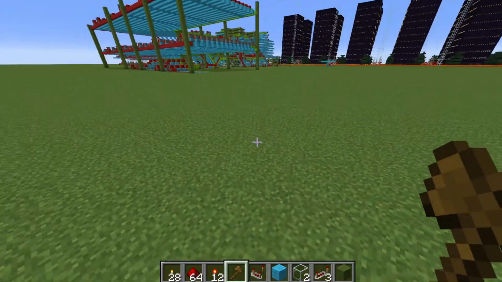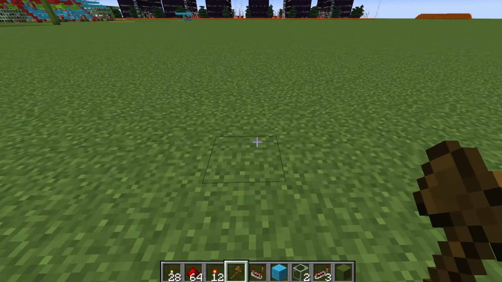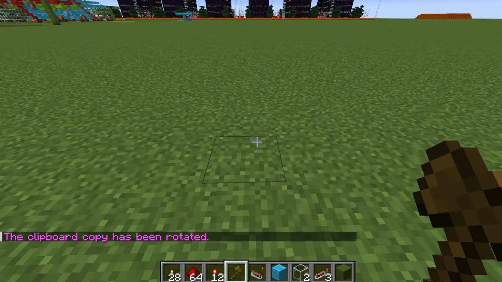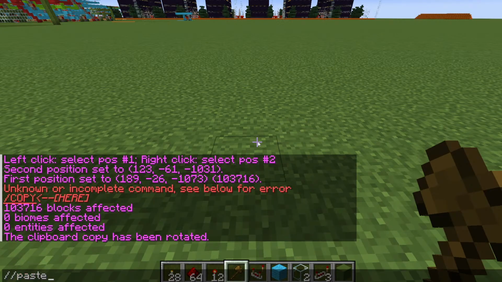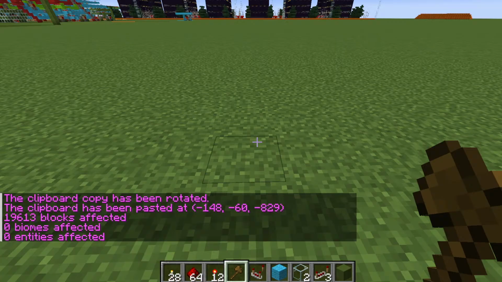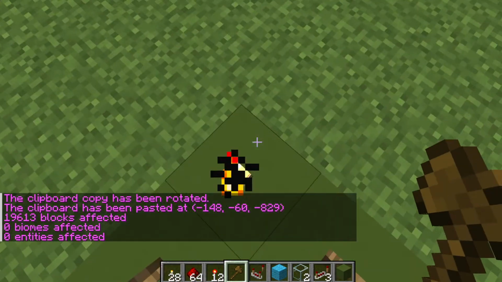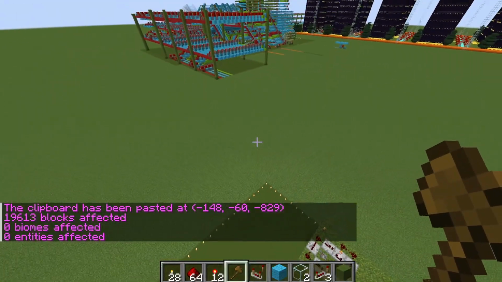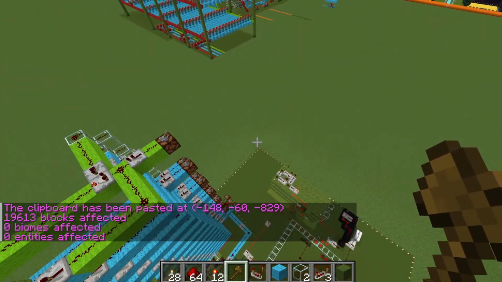First I'm going to build it here. This should be right behind me now. It's right behind me, isn't it? Yes, that's correct. Okay.